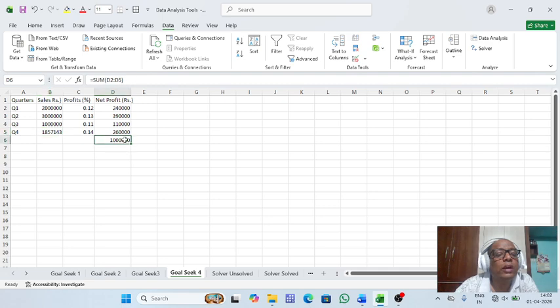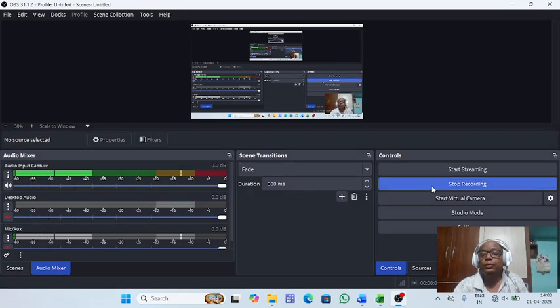So the set value is 10 lakh, and to get that you need to sell 18,57,143 worth of products to get a net profit of 2,60,000, which gives a result of 10 lakhs. So thank you.